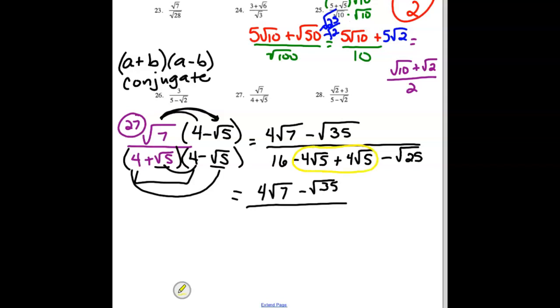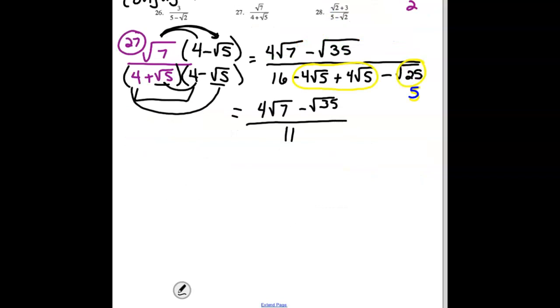When we add those together, we get 0. The square root of 25 here is just a plain 5. And if we combine our like terms, 16 minus 5 would get us an 11. So we have 4 square roots of 7 minus the square root of 35, all divided by 11.